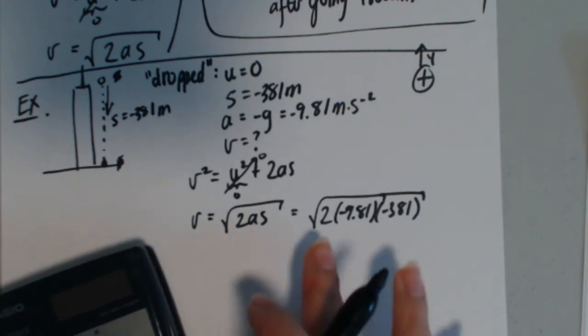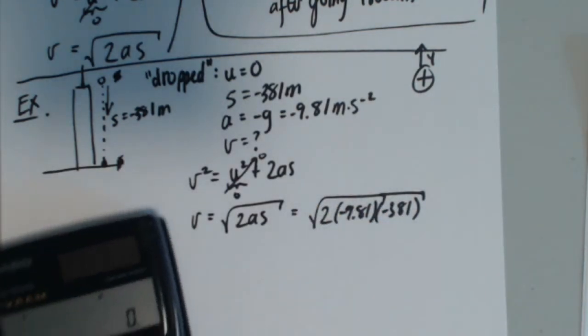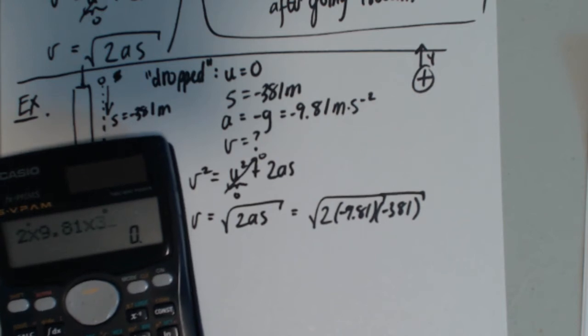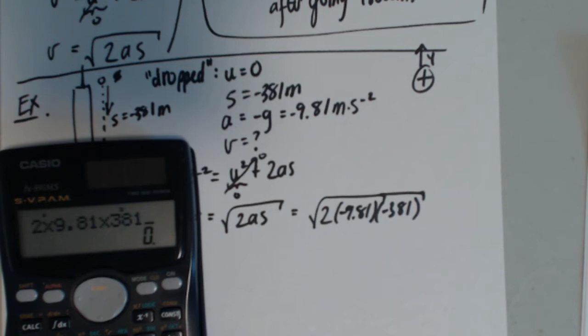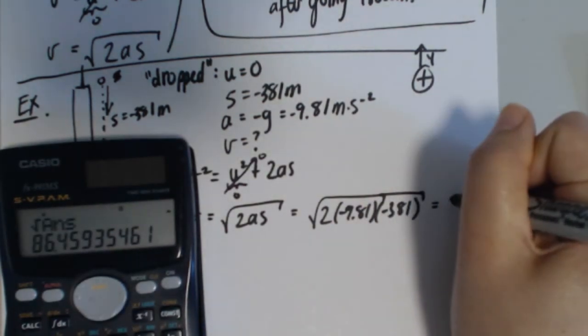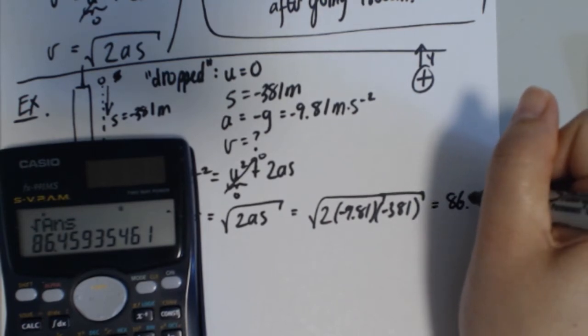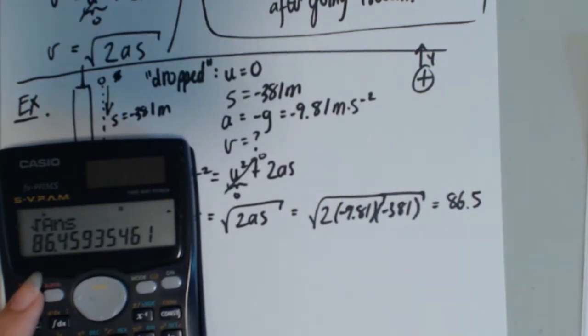Notice the two negatives will cancel, allowing you to take the proper square root. Otherwise, you cannot take the square root of a negative number. In a calculator, I already know that the negative numbers are being eliminated, so I'm not even going to enter them. Square root, and we get 86.5.